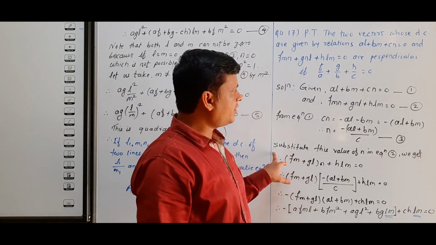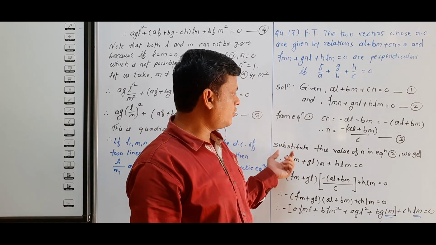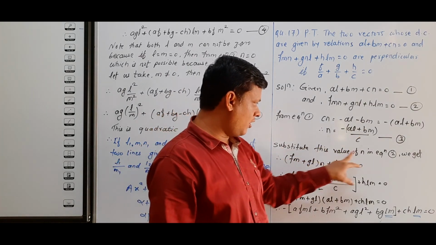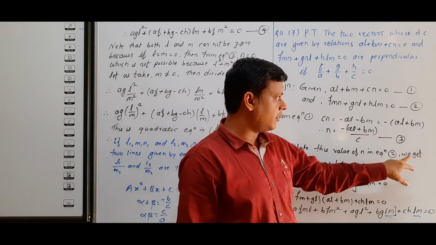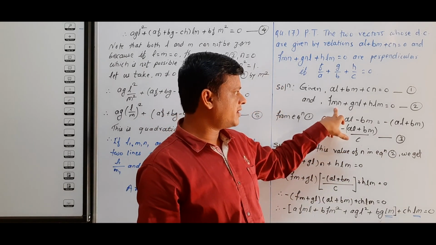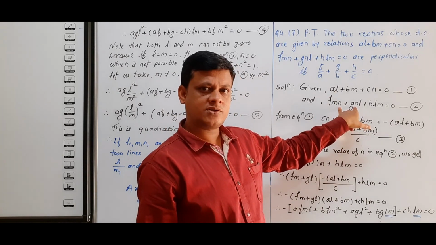Now we substitute this value. For reducing n, we substitute n in terms of l and m, so we substitute this value of n in equation 2. For that, we first take n common from equation 2.